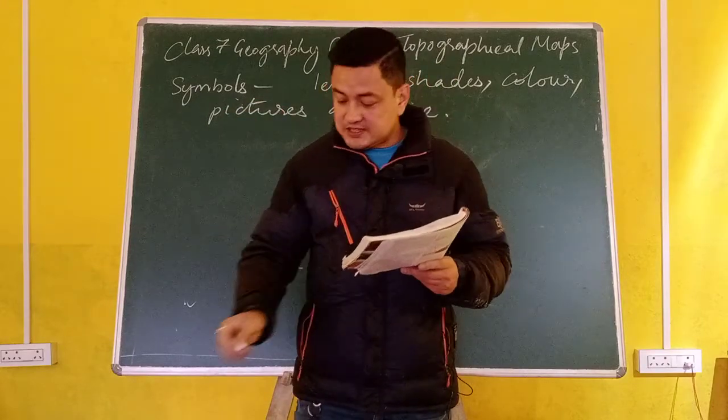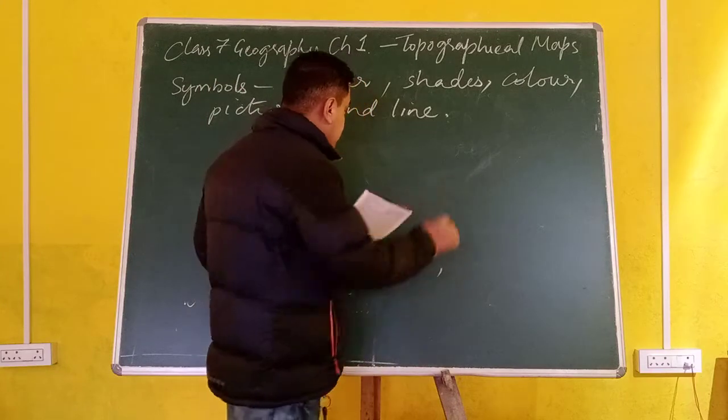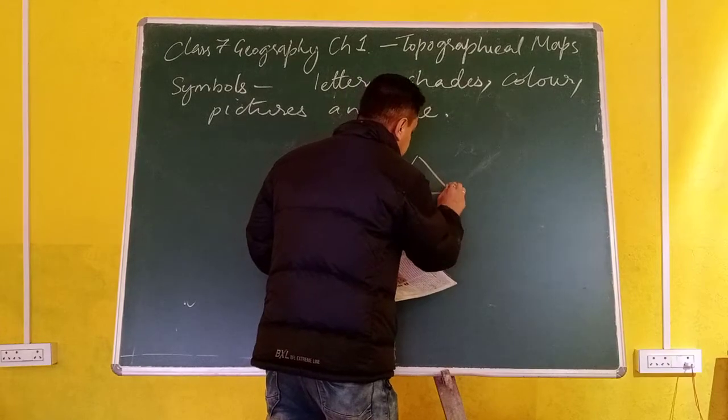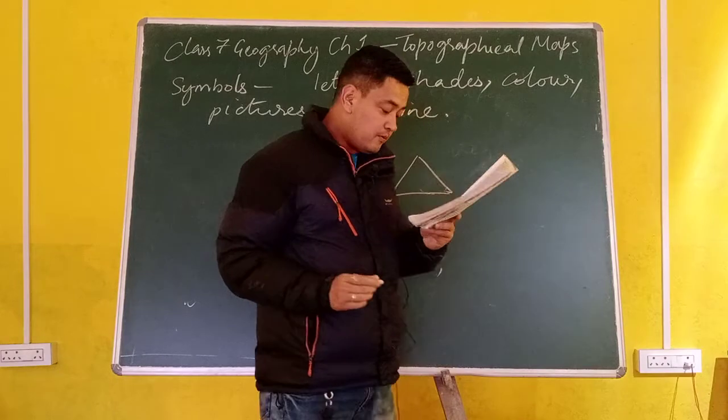For example, let's take a triangle shape. A triangle shape is used for showing a copper producing area.